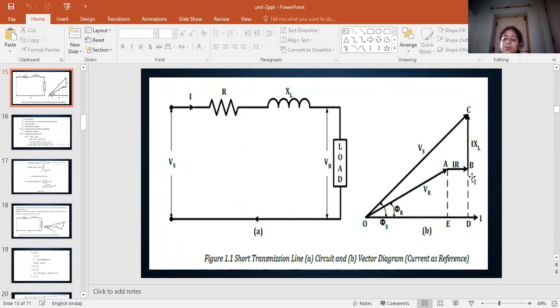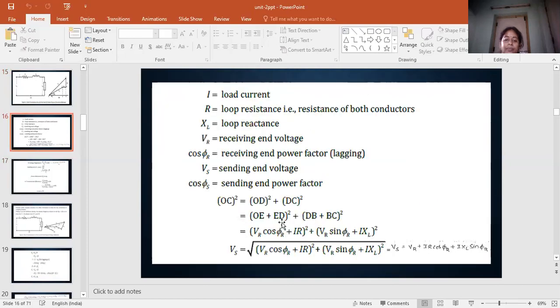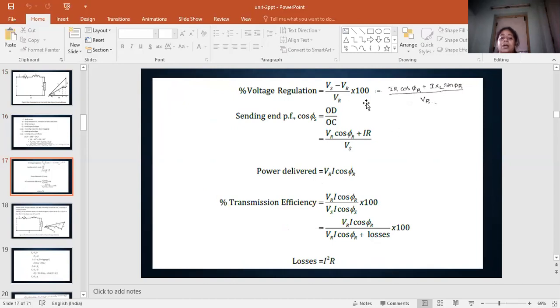OC equal to CD plus DO, and DO can be rewritten as OE plus CD, and CD can be rewritten as CB plus BD. So here we can substitute the values and solving them we can get the value for the sending end voltage, and substitute it in the percentage of regulation.